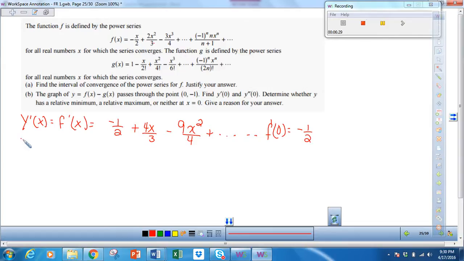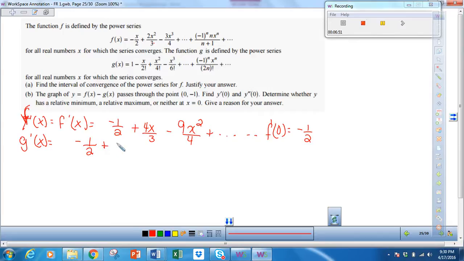So now let's try g prime of x. Actually, that is f, because I'm sorry, y is something else. So g prime of x, again, doing the same thing. The derivative of 1 is 0. So the derivative of the next term would be negative 1 over 2 factorial, and 2 factorial is just 2.